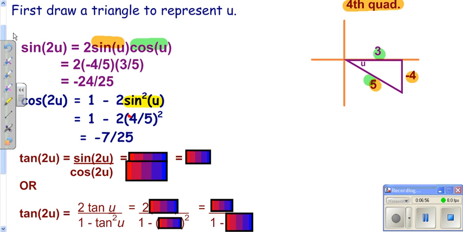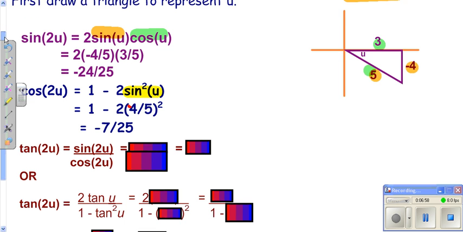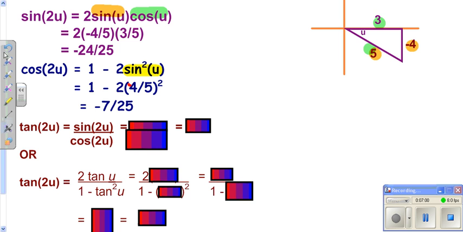You're also asked to figure out the tangent of 2u. You really have a couple options. One of your options is to say, well, tangent is sine over cosine. So the tangent of 2u would be the sine of 2u over the cosine of 2u.